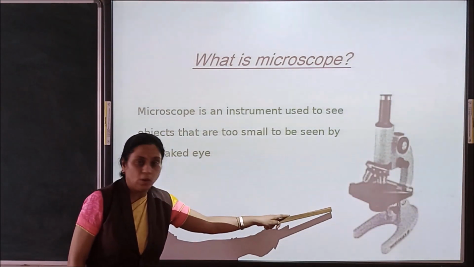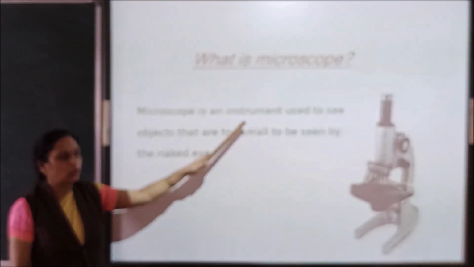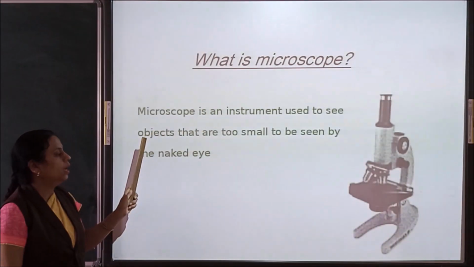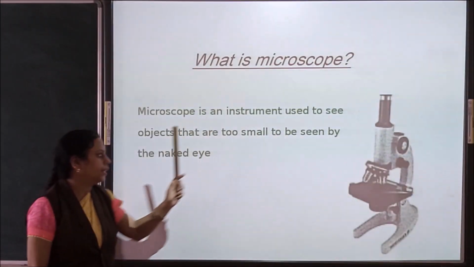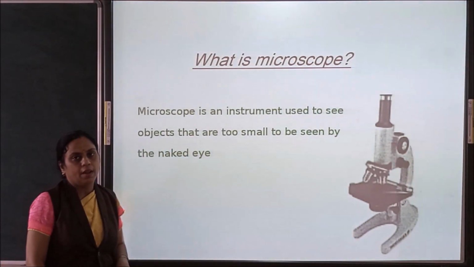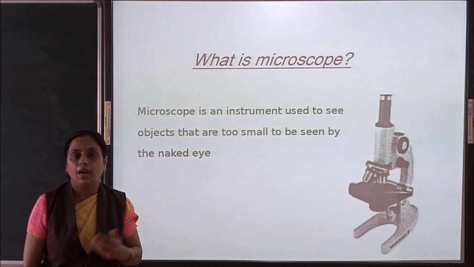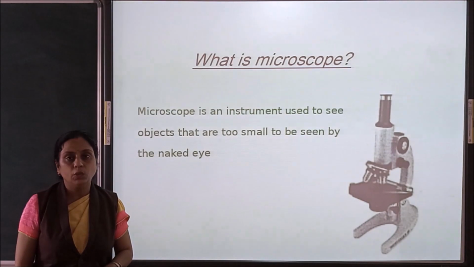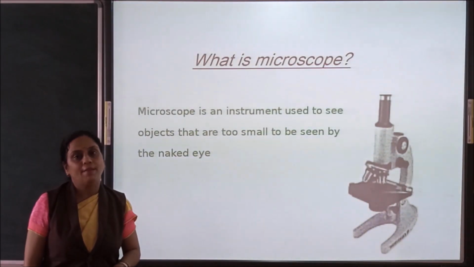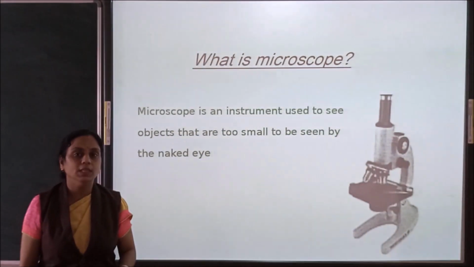So, a microscope is an instrument used to see the objects that are too small to be seen by the naked eyes. Now, when we see a leaf under the microscope, you will be able to see the two tubes, that is xylem and phloem.